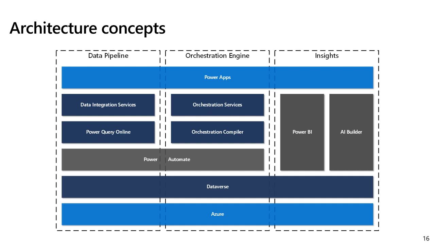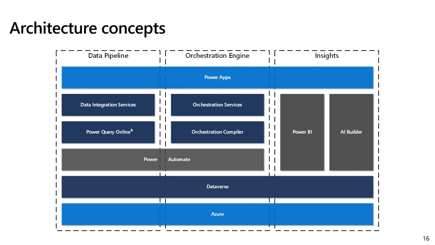So the core architecture is really broken up into three components. Our data pipeline, which handles the communication inbound and outbound to our different systems. And this is run by Power Query. Power Query is our engine that allows you to do the transformation.